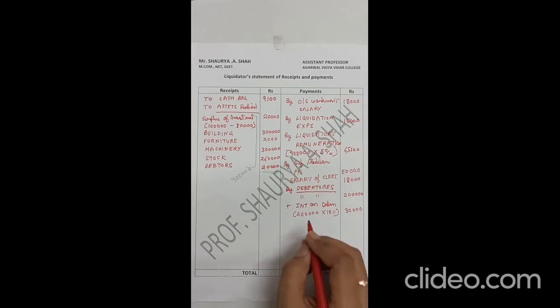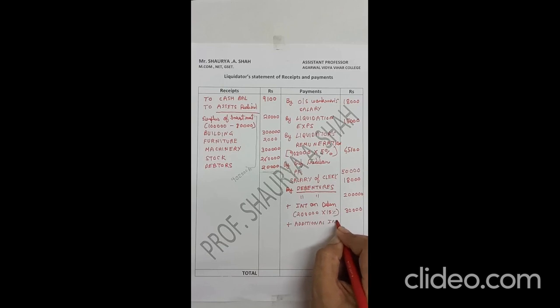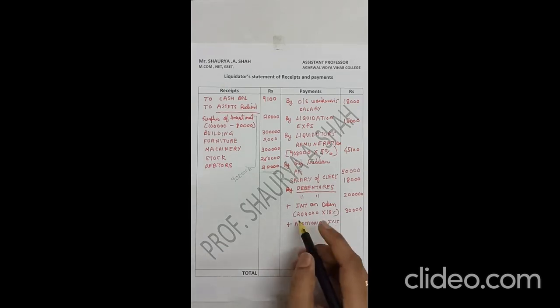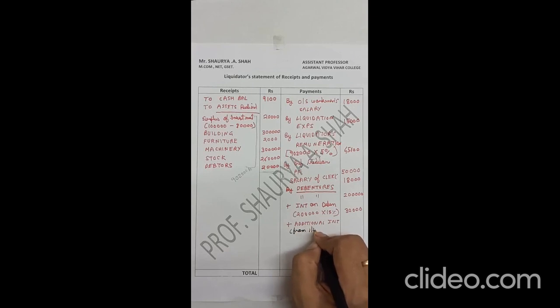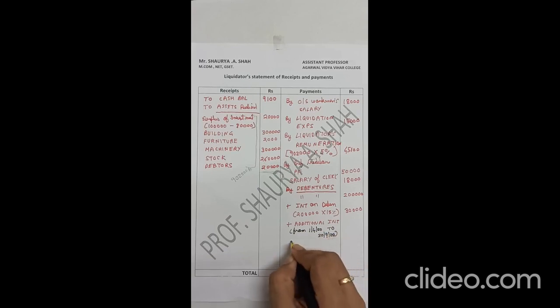I need to pay, dear students, one more additional interest on this also. Why additional interest? I will write it in a different color so that you understand. It is from 1/4/20 to 30/9/20. That is my 6 months.